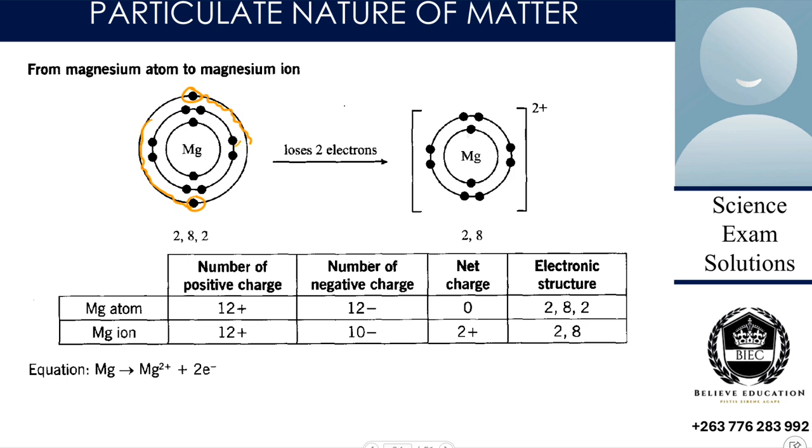So tasia the one remaining to some brackets head to vataratidza kuti takaita sei takalose what, 2. So it's 2 plus. And then it remains the same for every other thing zviripo. Then the overall equation yedu inenge iri ino, because we are saying Mg yedu, it becomes Mg2+ and it lost 2 electrons.